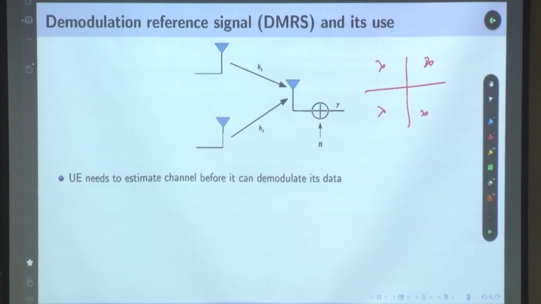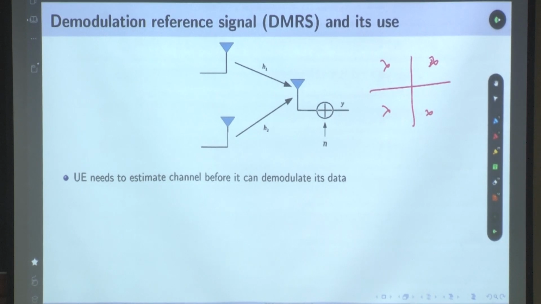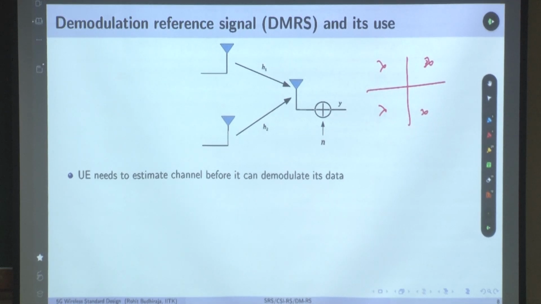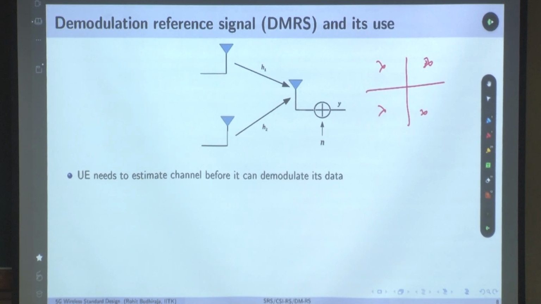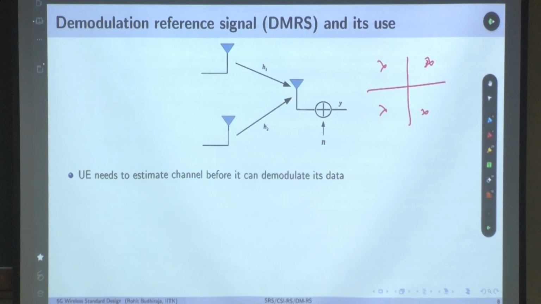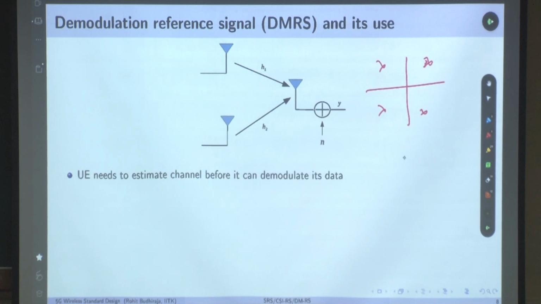Now if the channel is such that it rotates the constellation, or scales the constellation, let us say it rotates the constellation, then it becomes like this. The channel was such that it rotated the constellation. The user needs to rotate it back. It needs to know the channel. How will it estimate the channel? That's the part I am trying to teach you here. So the UE needs to estimate the channel before it can demodulate the data.